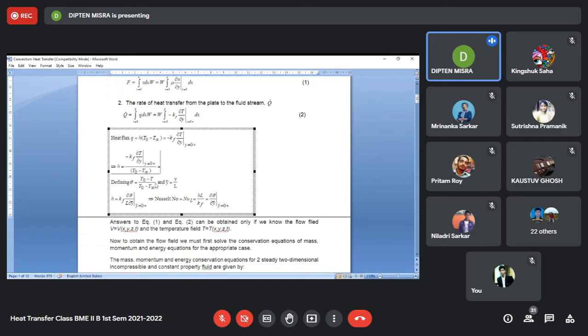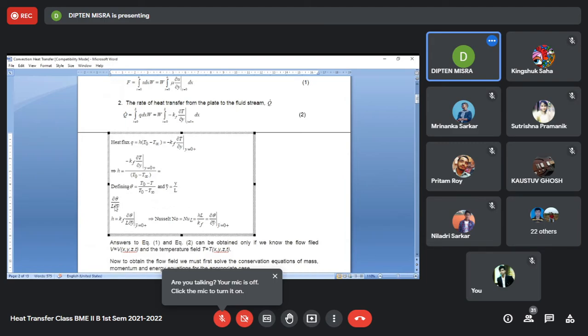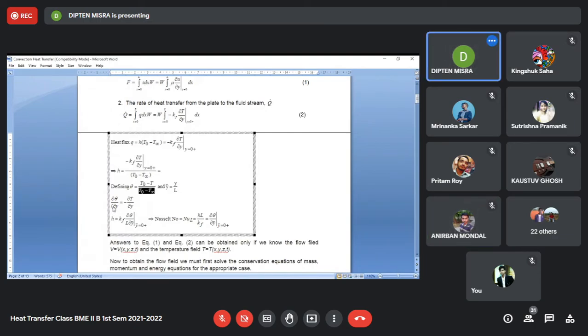Before this we can write one thing, that del theta del y can be written as equal to minus del T del y, times this T0 minus T infinity. Write it like this.